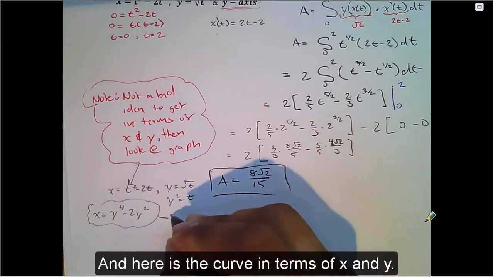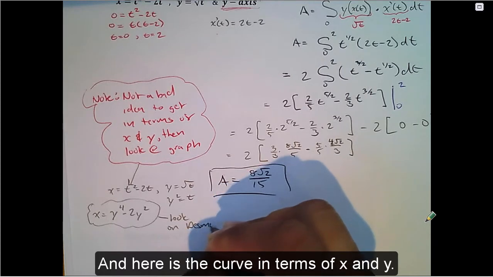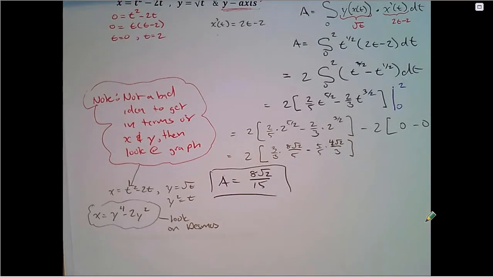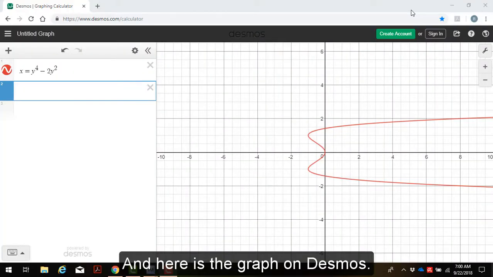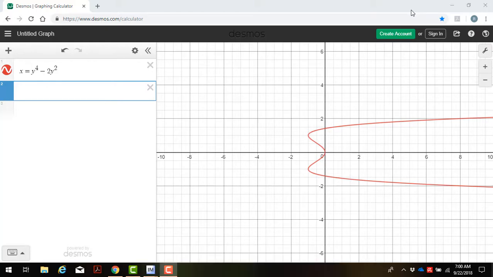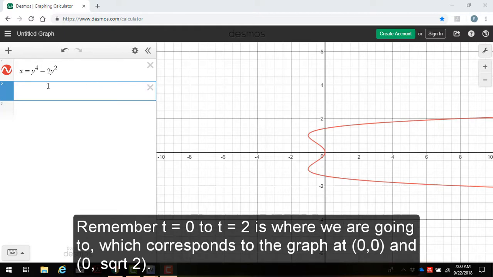And here is the curve in terms of x and y. And here's the graph on Desmos. Remember, t equals 0 to t equals 2 is where we are going to, which corresponds to the graph at 0, 0, and 0, square root of 2.